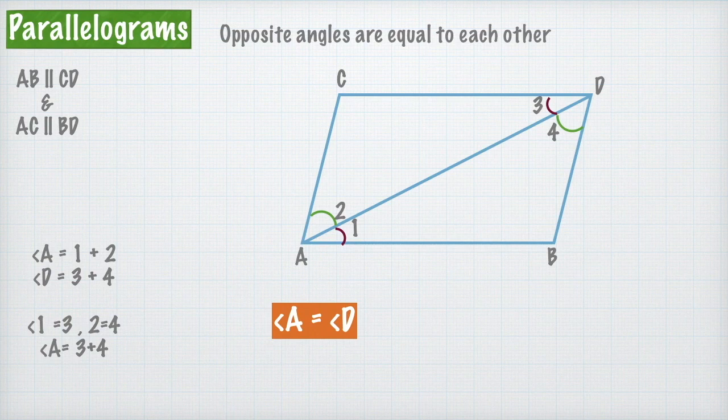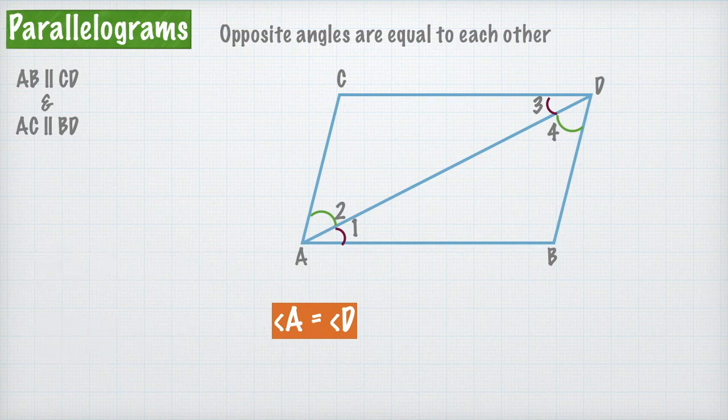So instead of 1 plus 2, I can also say 3 plus 4. And 3 plus 4 is nothing but angle D, and therefore I have proven that angle A is equal to angle D. That is one way of doing it. You can draw another diagonal from C to B and use the same logic, and you will also be able to prove that angle C and angle B are also equal to each other.